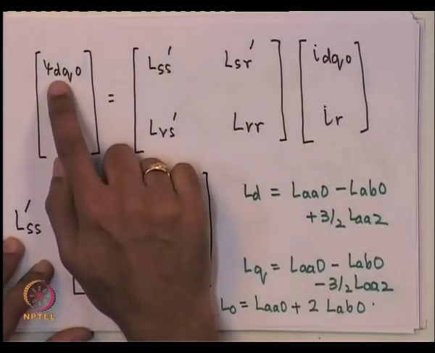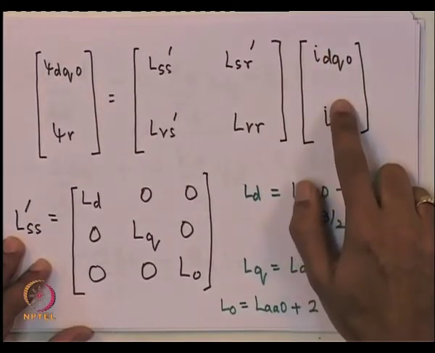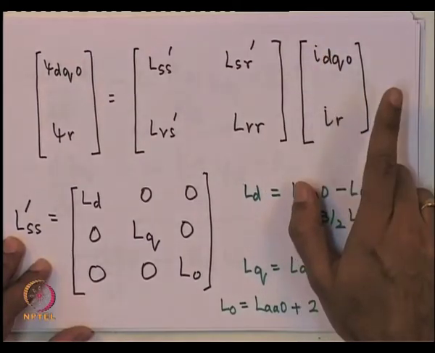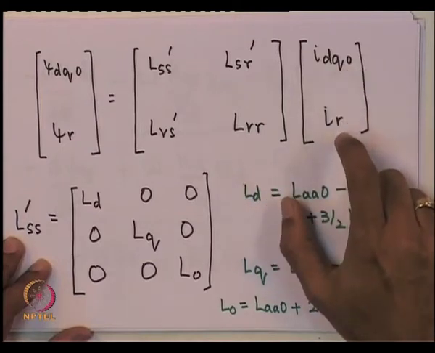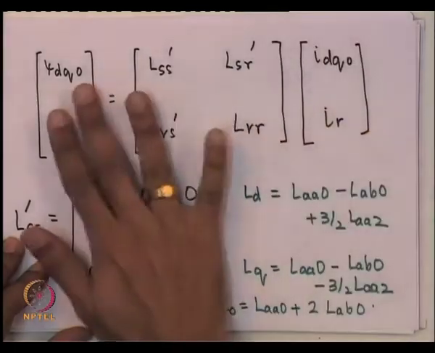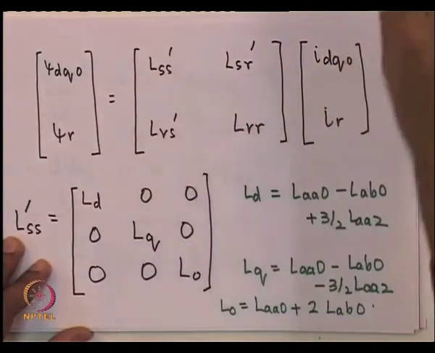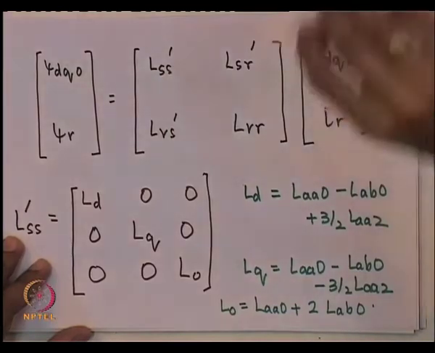I mentioned some time back that psi d is dependent on Id, If and Ih, but it is not dependent on Iq, I0 or Ig and Ik. It is not dependent on the q axis coil. So, in the flux-current relationships, there is a complete decoupling between the D and the q axis coils.